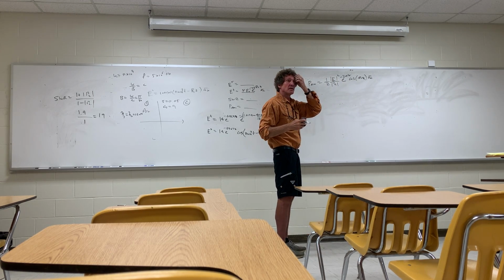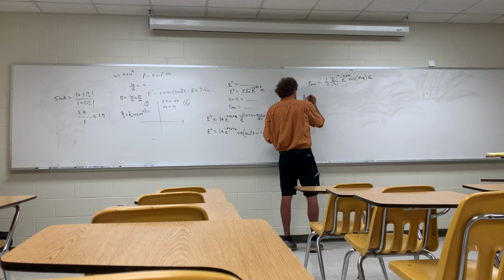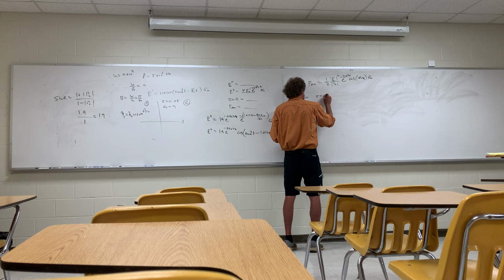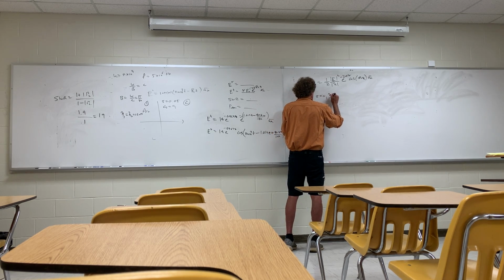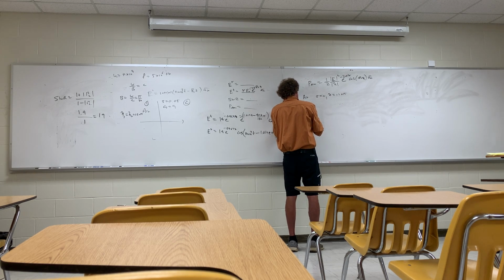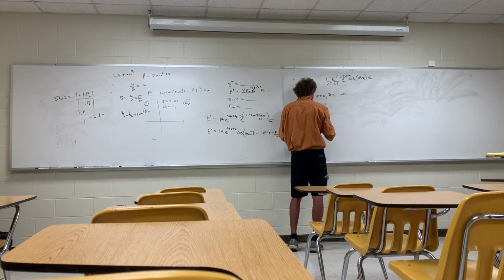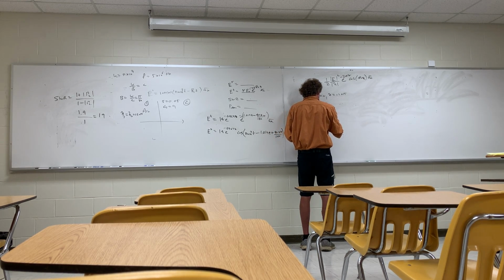Y'all remember that? If we're in air, right, air has sigma equals 0, and has eta equal 120 pi. So if we're in air, the incident power density is simply going to be 1/2 magnitude of the E field squared over eta, or over 120 pi, in the AZ direction for the incident wave.